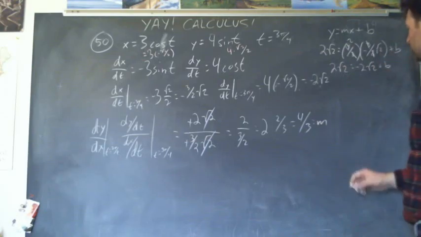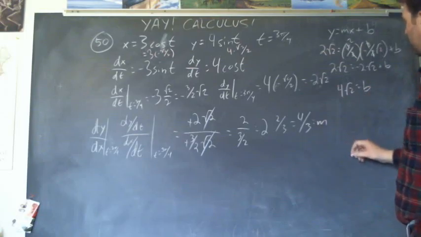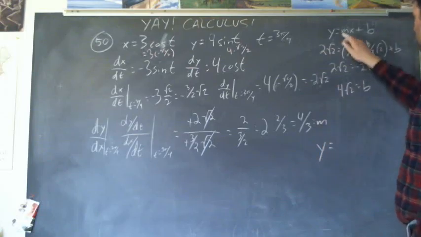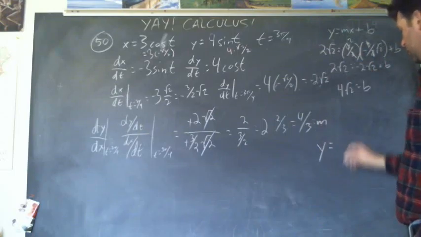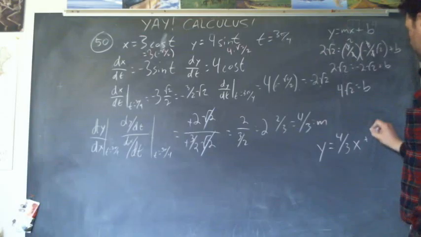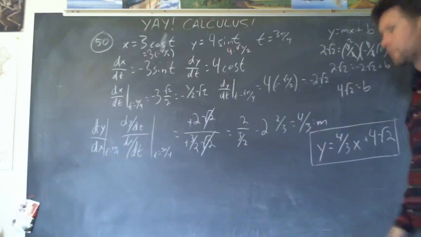Add 2 radical 2 on both sides, we get 4 radical 2 equal to b. And our tangent line is y equals 4 thirds, which was our slope, x plus 4 radical 2. All right.